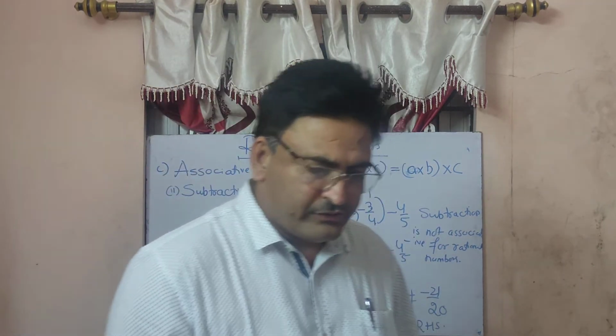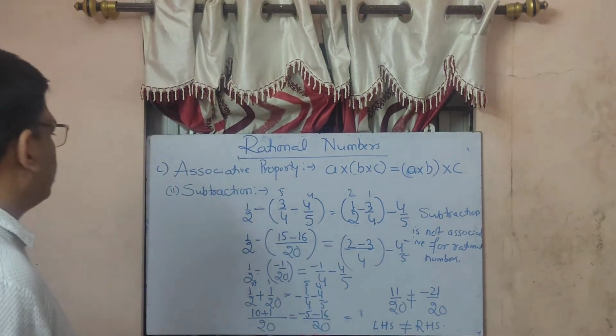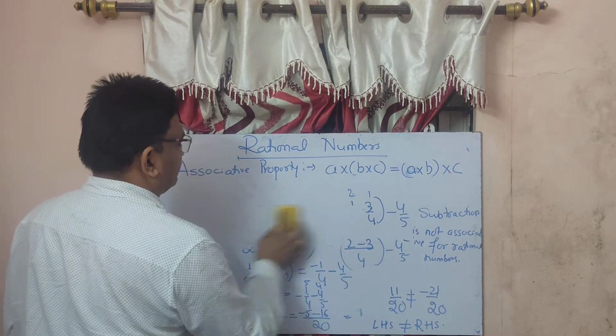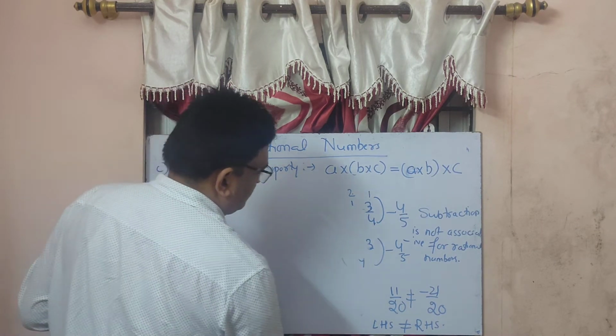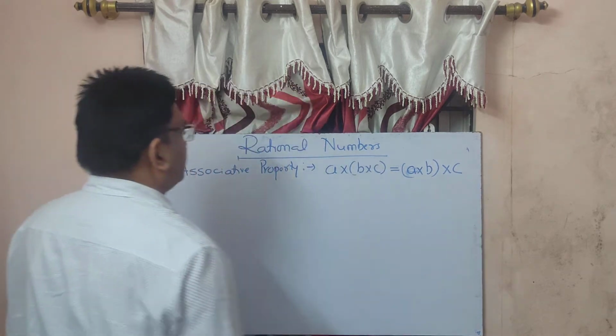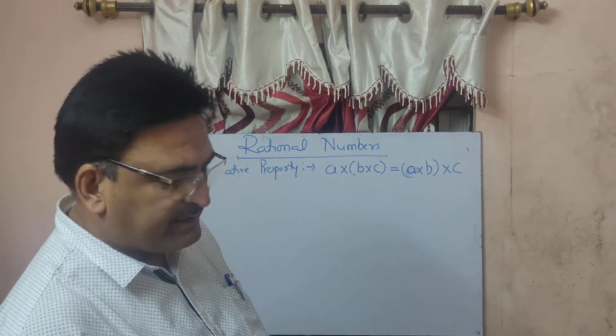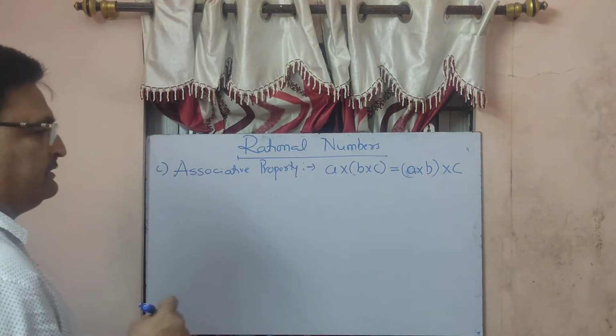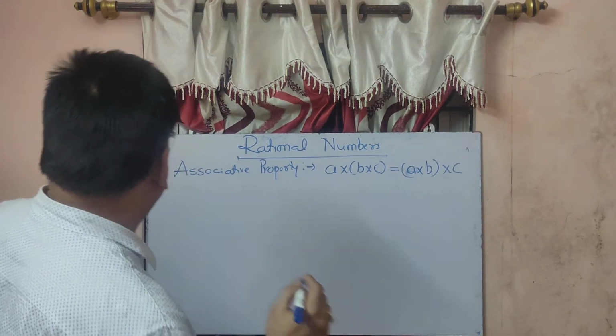So now we'll do the next one, that is multiplication. Now we'll do the multiplication and check whether the associative property exists or not.